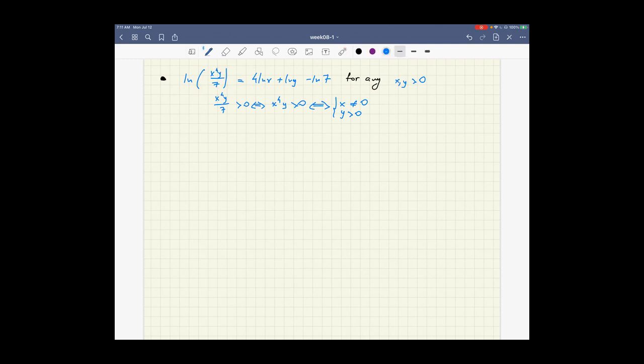So the way to go with this is to say that ln of x to the 4th times y over 7 is ln of x to the 4th times y minus ln 7. So far we have the same steps. Now, because y is positive, the next step will be the same too. Ln x to the 4th plus ln y, which is all right because y has to be positive.